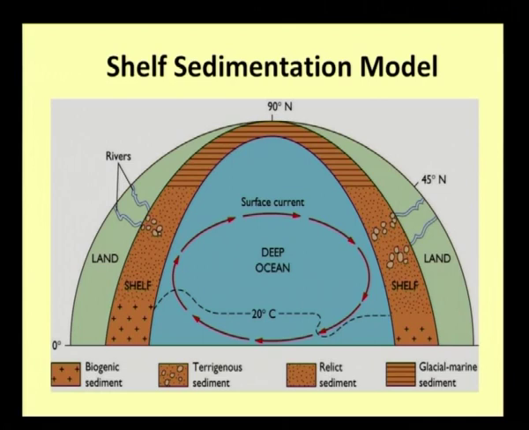And here you see the polar region. In the polar region, it is the glacial or the marine sediment, so in all the polar region it is glacial sedimentation, and in all the tropical region it is biogenic sedimentation, and in other places, depending upon the latitude, different types of sedimentation are available in that particular ecosystem.